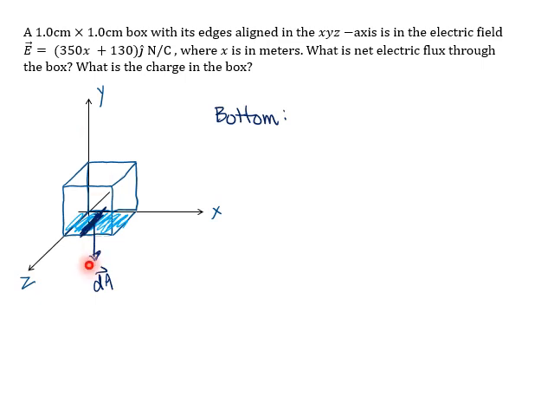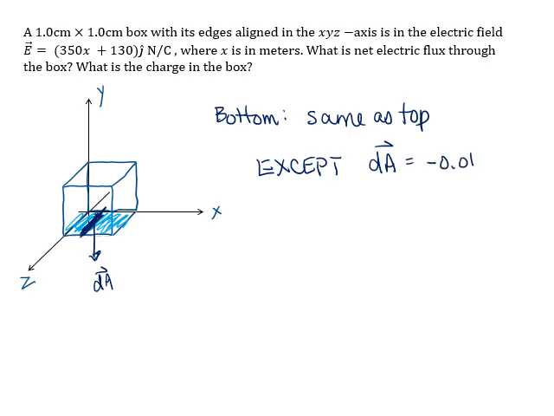When it was the bottom face, dA points down. That's the only difference. So for the bottom face, same as top, except dA equals minus 0.01 times dx j hat. Everything else is going to be exactly the same.